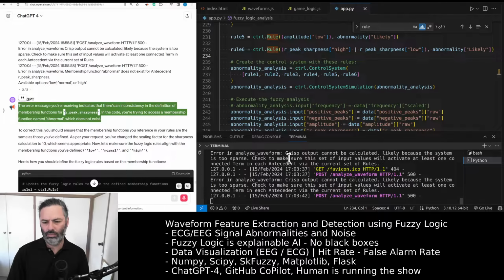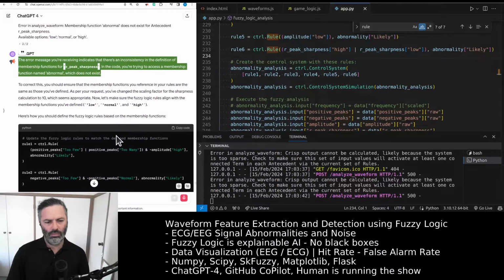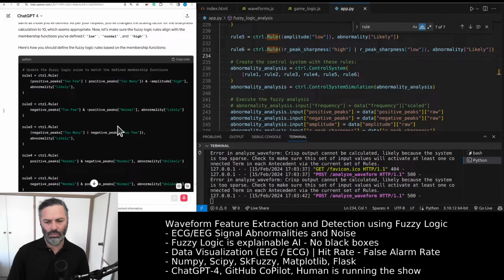The error message you're receiving indicates that there's an inconsistency in the definition of membership functions for r_peak_sharpness. In the code, you're trying to access a membership function named abnormal, which does not exist.